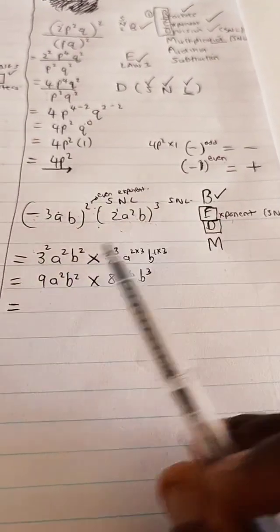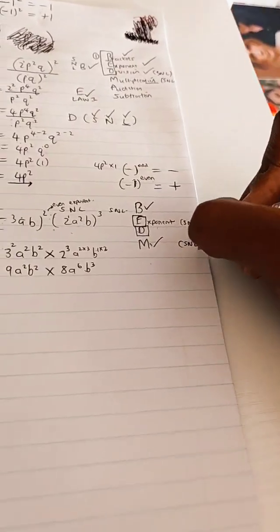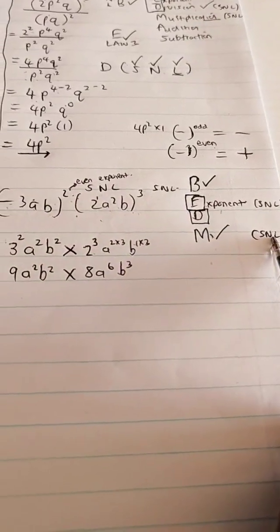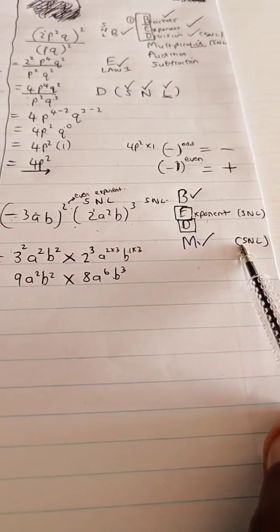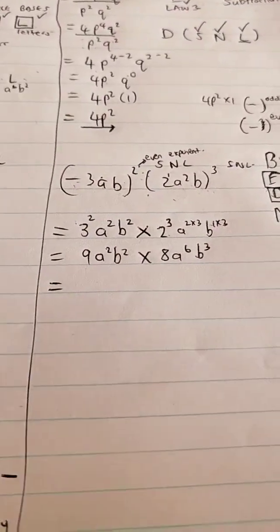Then after that, D, no division. We move on to the next thing, multiplication. And remember, as we apply multiplication, we consider as we multiply the what? The sign, the number, the letter. Guys, SNL is playing its role.